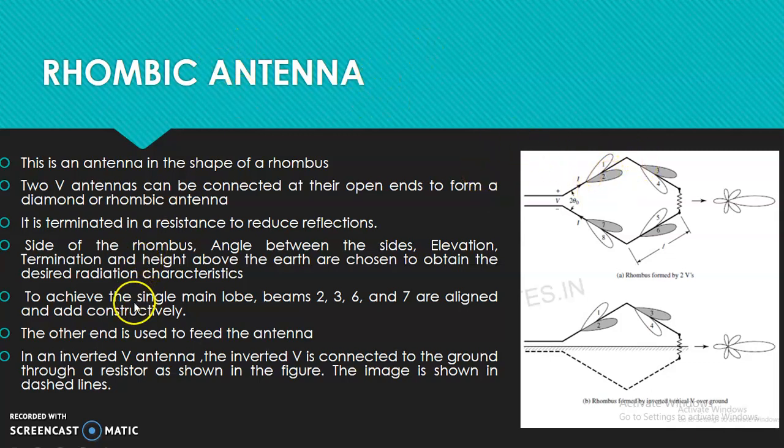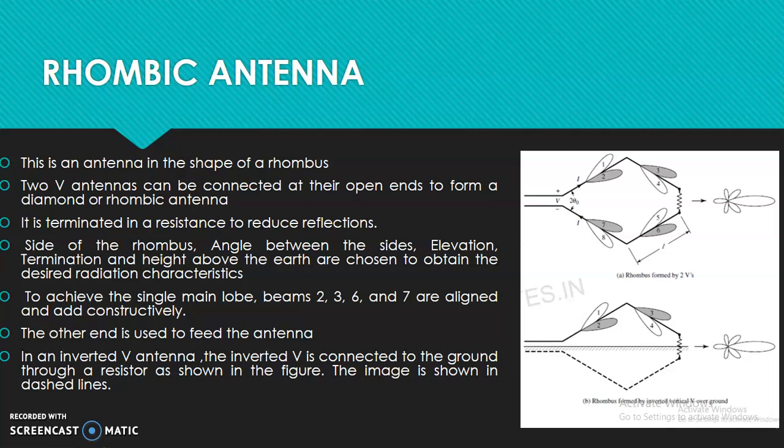Now, to achieve the single main lobe, beams 2, 3, 6 and 7 are constructively added to get a unidirectional pattern in the case of a rhombic antenna. The other end is actually used to feed the antenna.